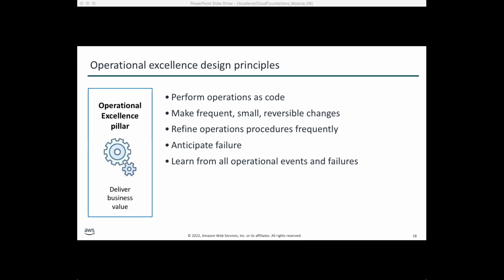So how do we anticipate failure? What could fail? Well, as you can see in later slides, the whole of AWS has been designed with the idea that everything can fail.